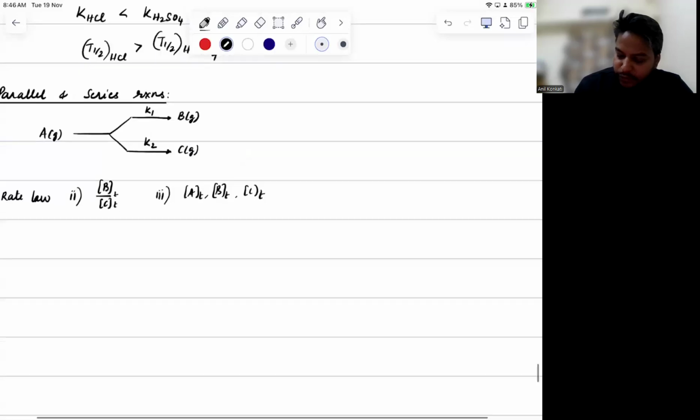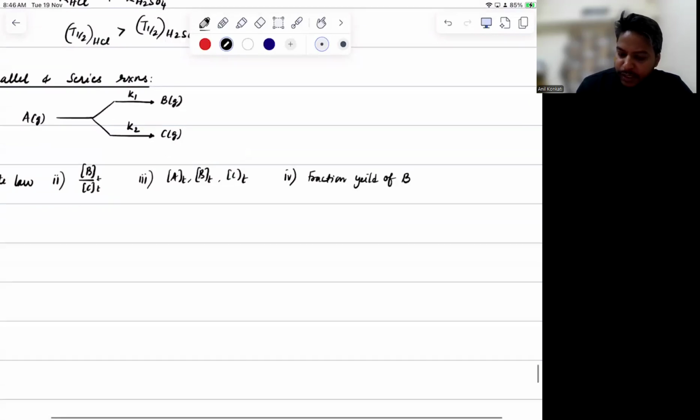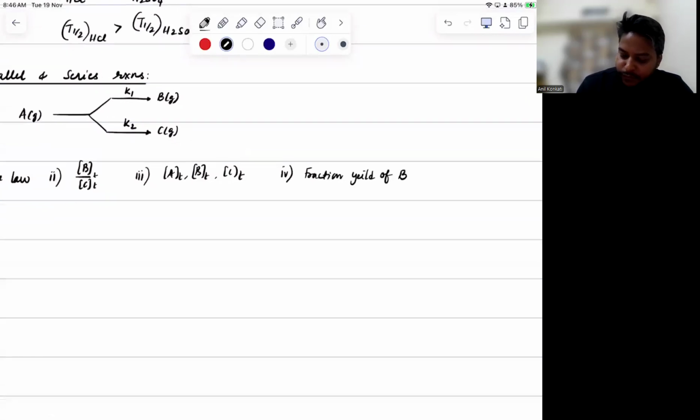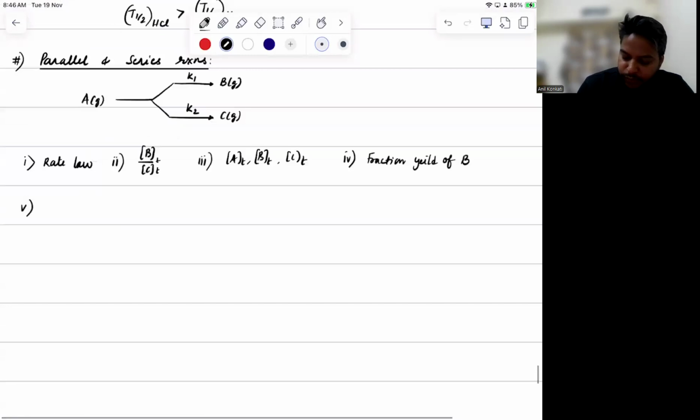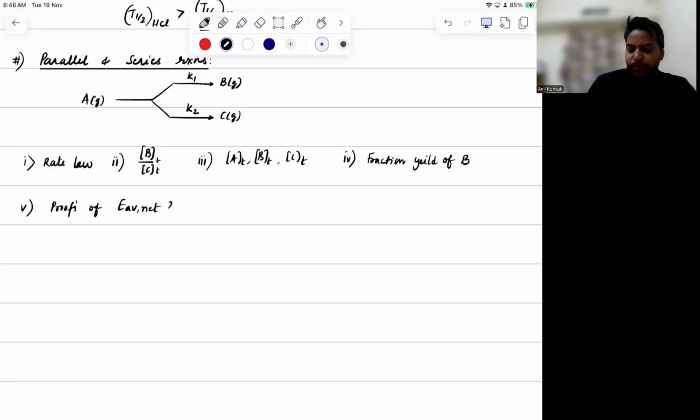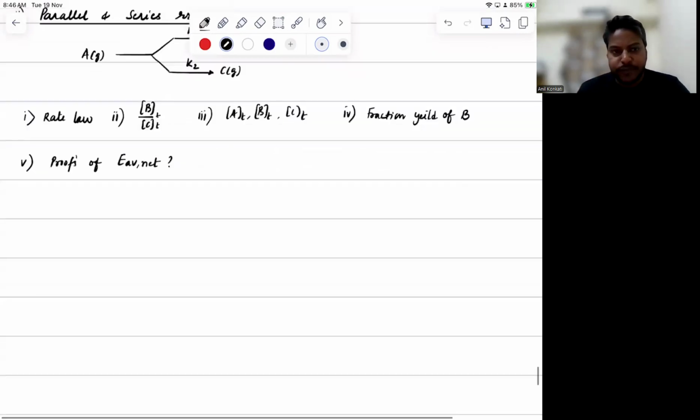Fourth question is, the fractional yield of B. How much B is getting yielded? And fifth question is, the proofs of activation energy, or net activation energy. What will be the formula for net activation energy? These are the types of questions typically asked.